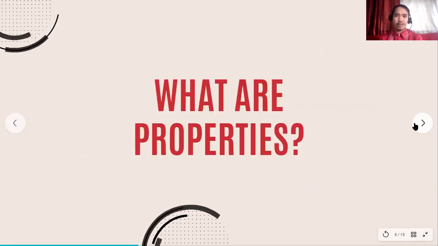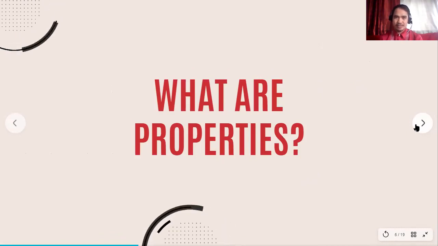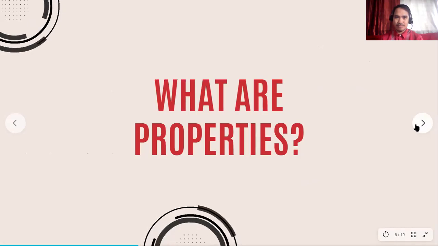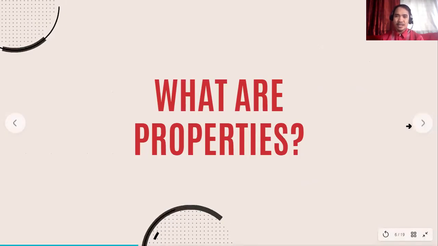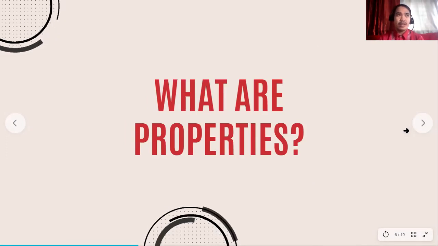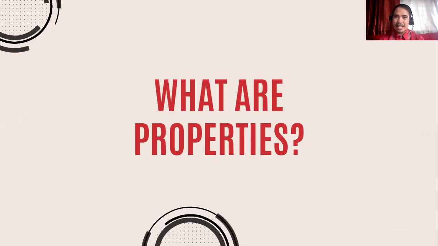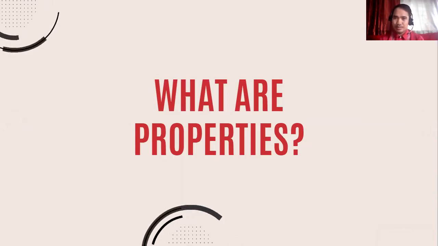Now, I have here a simple question for you. What are properties? Okay, very good. So properties in science may refer to the behavior, characteristics, attitude of an element or an object.